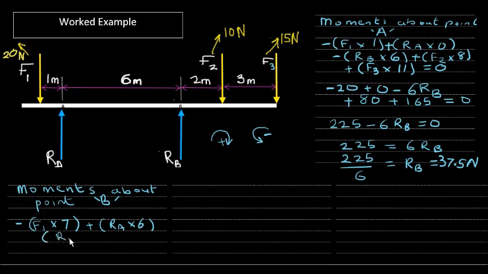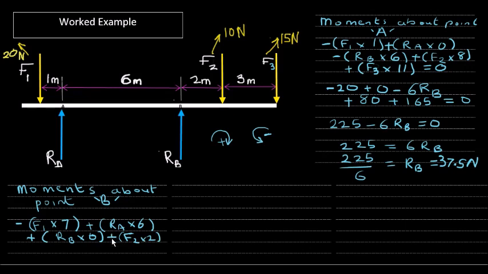RA times 6 because that's the distance of RA from point B. And if you push up from RA, it's going to make it go clockwise, and so on and so forth. RB times 0 because the pivot is right on top of RB and it's not going to go anywhere.